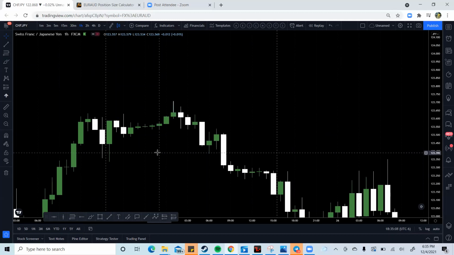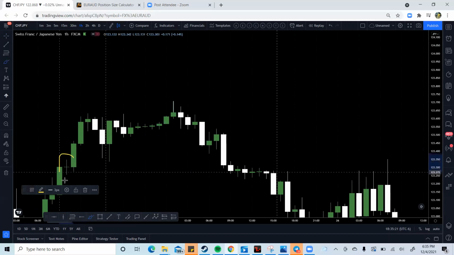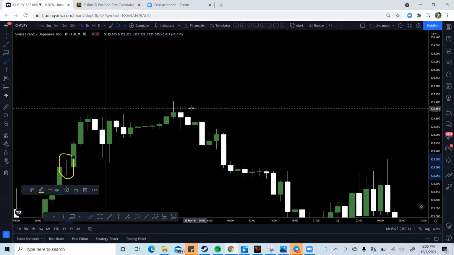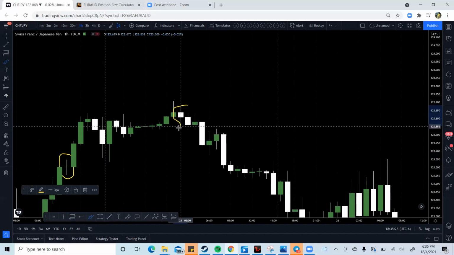So remember why I say location is key when it comes to looking at individual candlesticks. Let's look at this doji versus this doji.